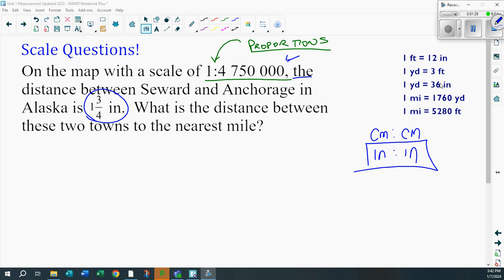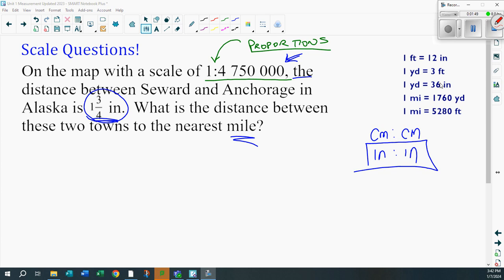So if you actually measure a distance on the map, which we did, you got 1 3/4 inches, you can actually put it on this little scale here and determine the actual distance in miles in this town. Oh, so that's how we're doing things. You got it. Watch this.